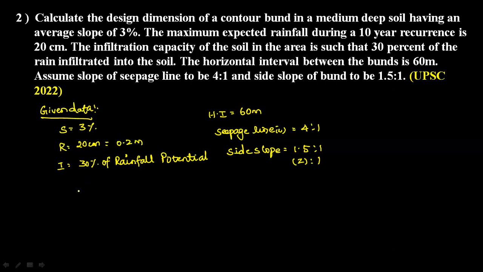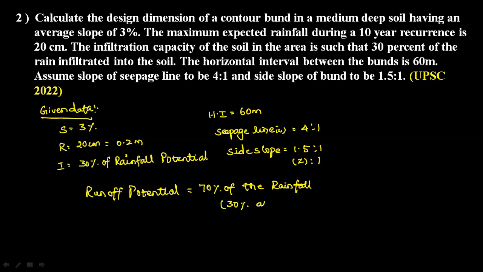Then runoff potential is equal to 70% of the rainfall, whereas 30% is observed as infiltration.